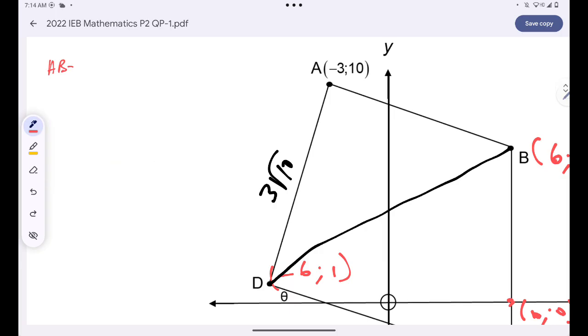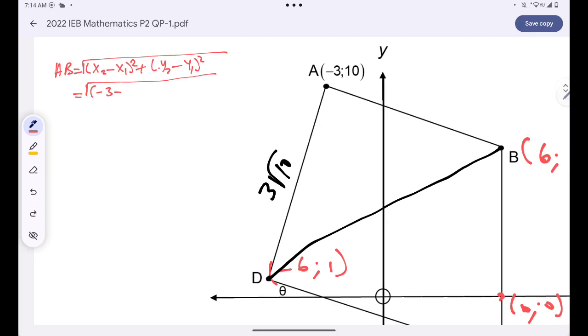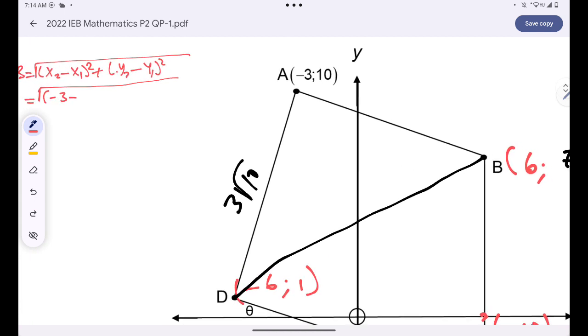The length of AB is equal to, I'll simply use my distance formula, ne? x2 minus x1 all squared plus y2 minus y1 all squared. This will be equal to, I'm dealing with AB, ne? The x value is negative 3, and then for B the x value is 6, right?